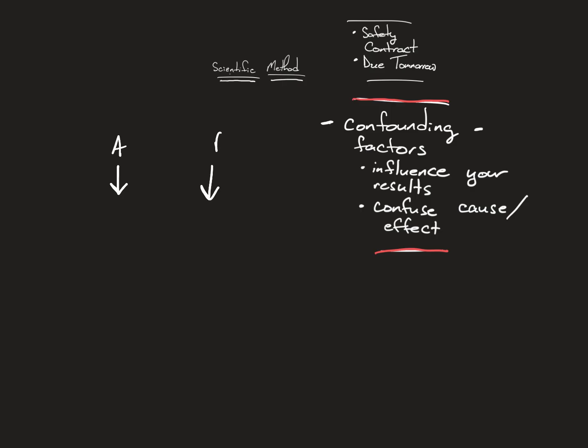A and B. What is that relationship? How are they related? Does one increase the other? Does one benefit the other? What is the relationship between these two variables? That's really what you're trying to figure out when you're doing any experiment.